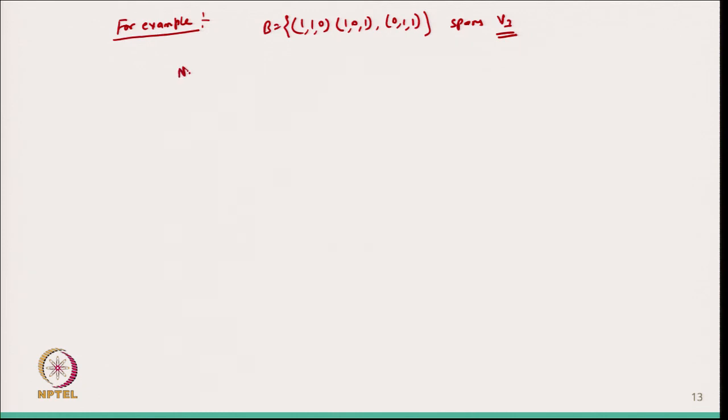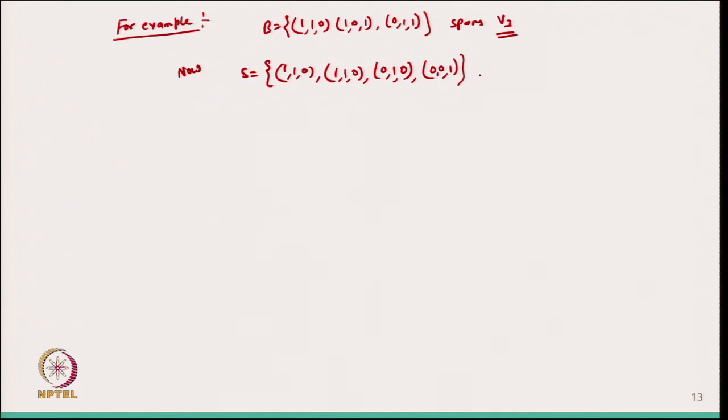Now, suppose I take the set S which contains any 4 elements. Let us take the set S which contains 4 elements. Maybe I can take the same elements: 1 1 0, 0 1 0, and suppose I take 0 0 1. So, 4 elements I am taking.